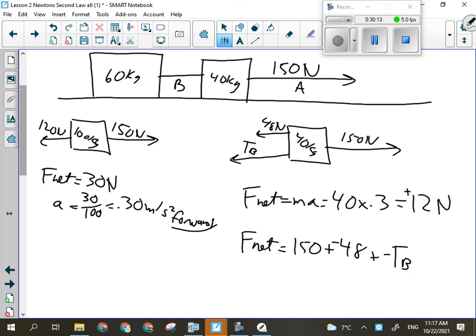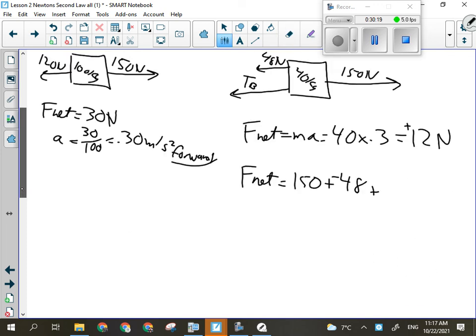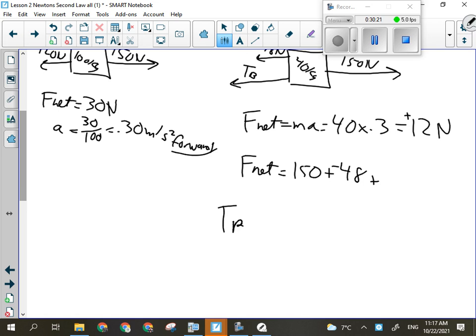And I'm not even going to put the negative on there, it's just going to come out that way when I calculate it. So to calculate the tension in B, I'm going to take F net, I'm going to subtract the 150, I'm going to subtract the negative 48. F net has a number, I already calculated it, 12.